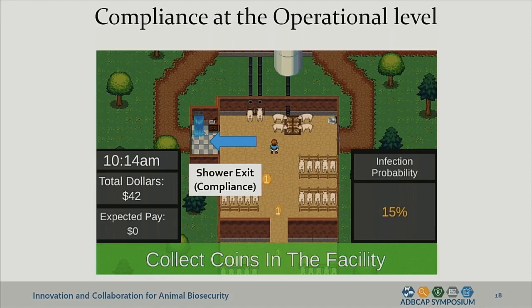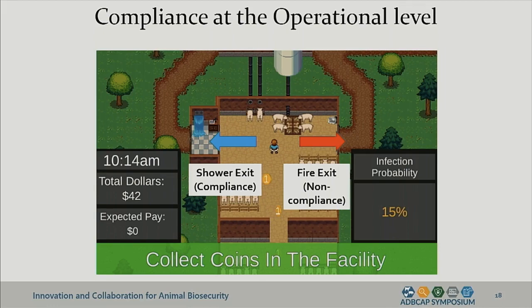They can either go out the shower exit, which takes time, and time is money in this game, or they can go quickly out the fire exit. And they make more money when they're going out the fire exit, unless their animals get sick. So they are taking a risk that their animals are going to get sick if they go out that emergency exit.